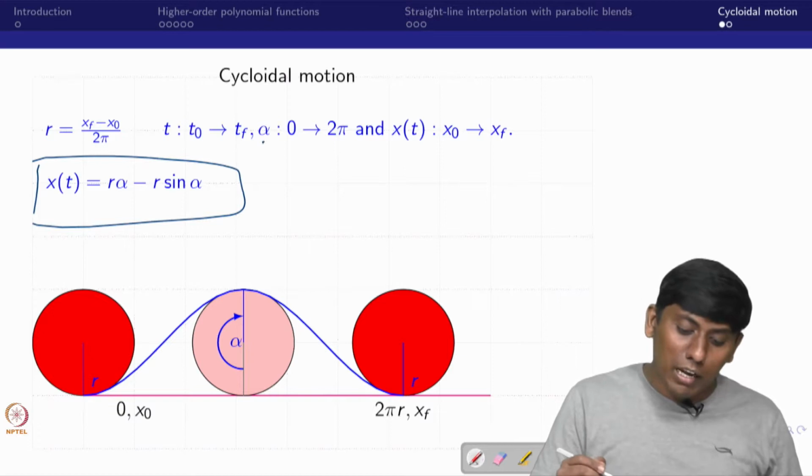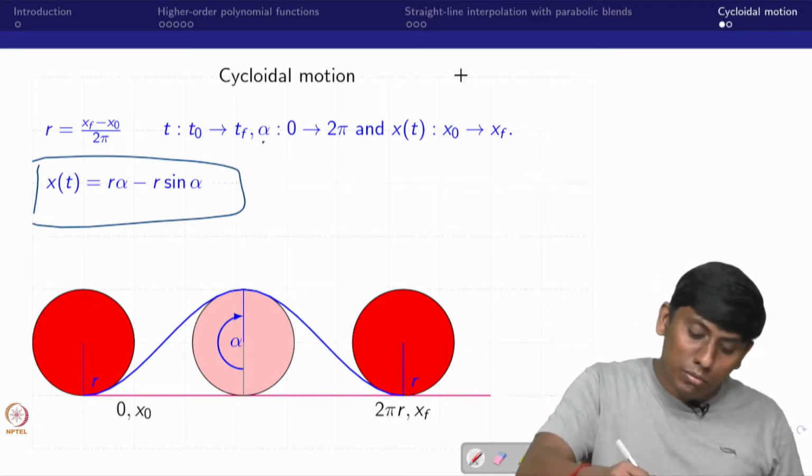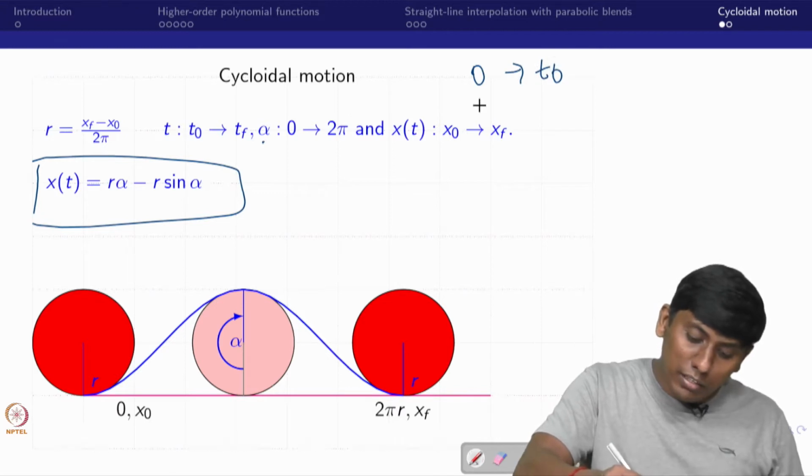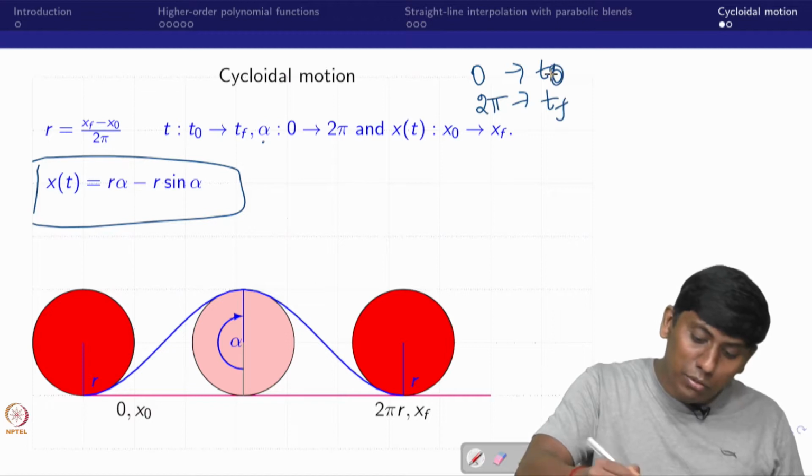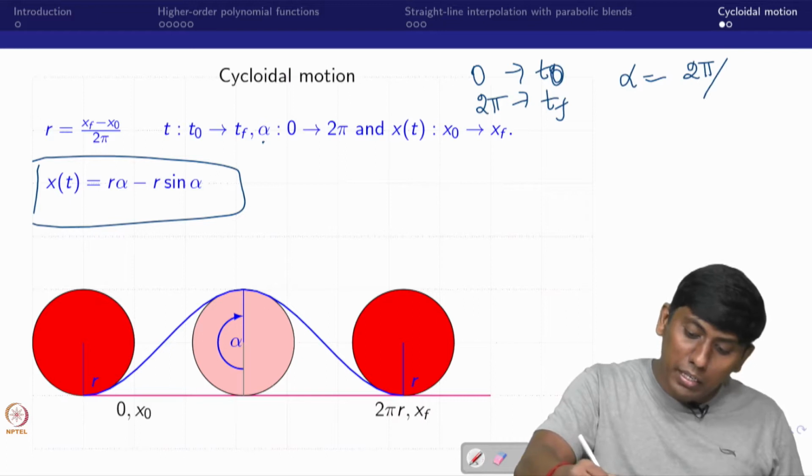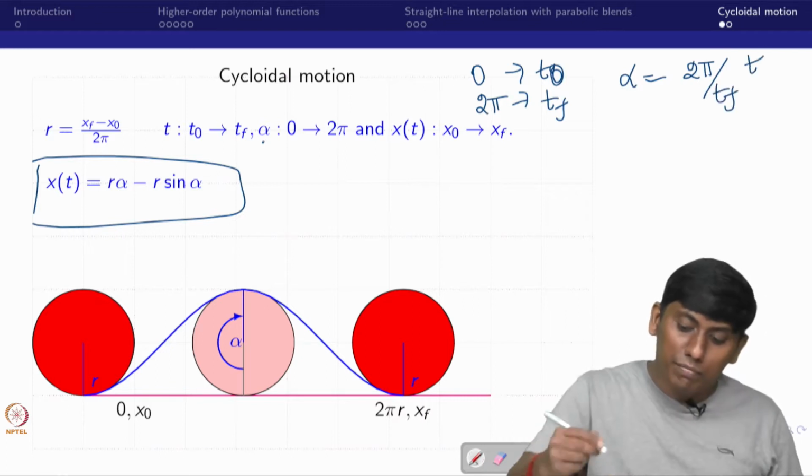So how can you find alpha in terms of t? When t equals t0, alpha is 0, and 2 pi corresponds to tf. So alpha can be written as 2 pi by tf into t, right?